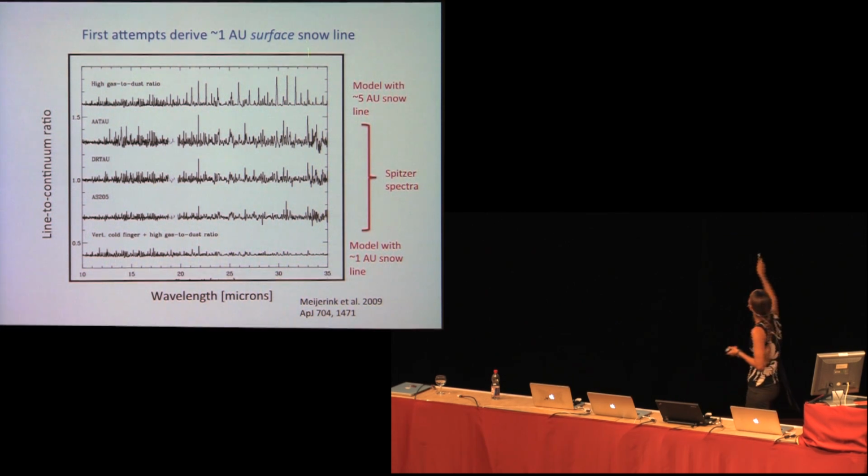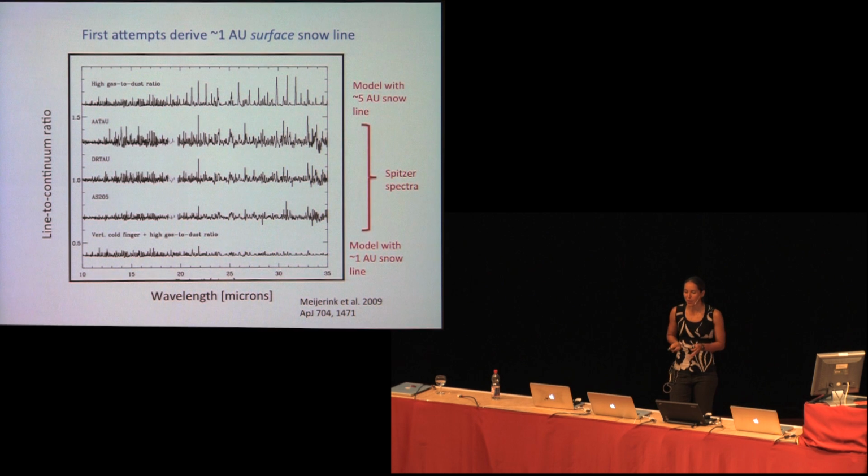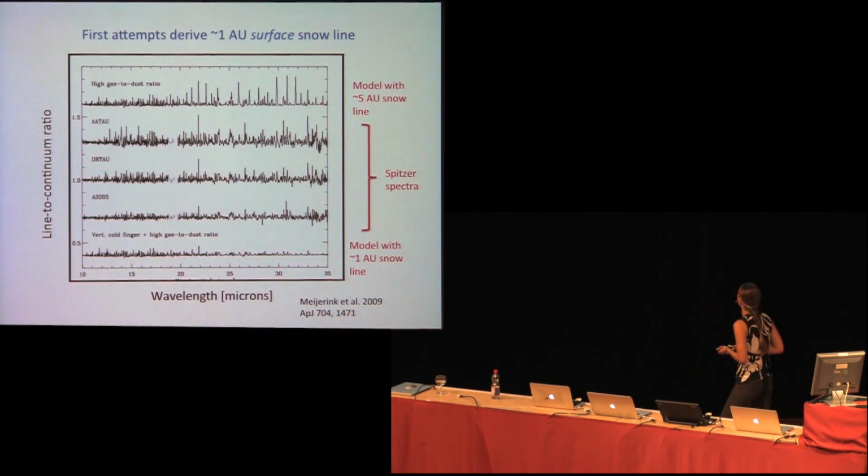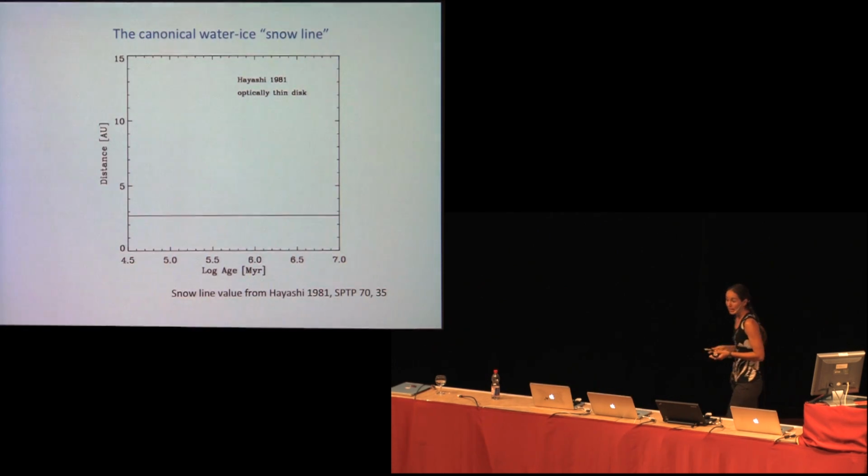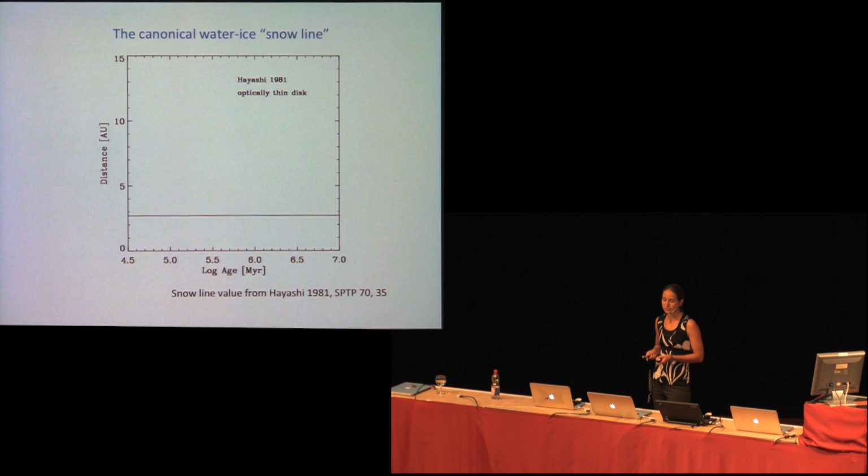They say that because these very strong lines here don't appear very strong in these spectra, the data are slightly more consistent with a 1 AU snow line. I think there's still a little bit of work to be done to be very secure about this result. But in any case, it's the first attempt.